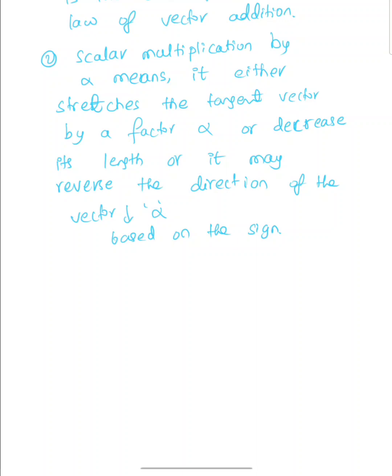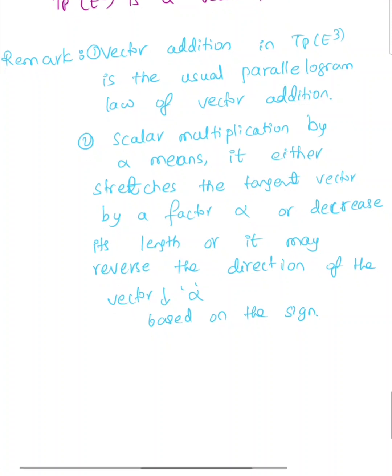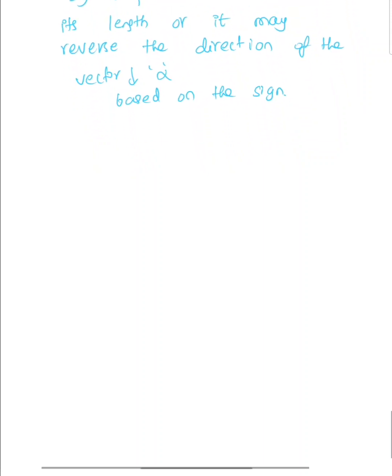And scalar multiplication will either stretch the tangent vector, or decrease its length, or sometimes change its direction. Earlier we said Tp of E3 is a vector space. So now it is time to know what the dimension of the vector space is, because once we know it is a vector space, we think of its dimension.